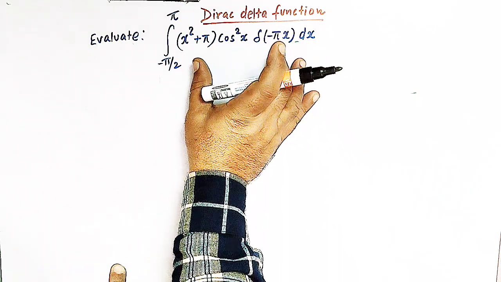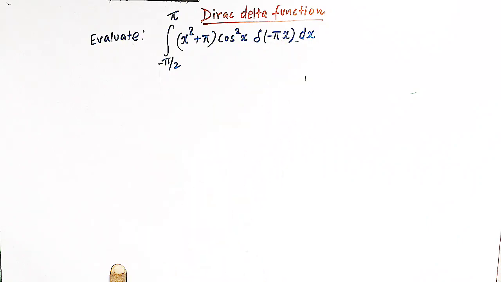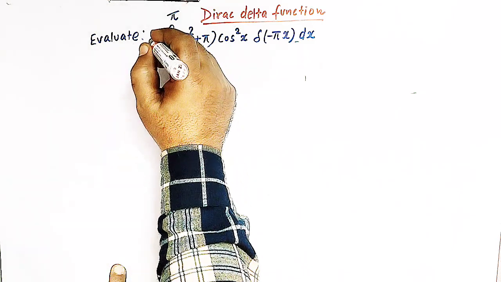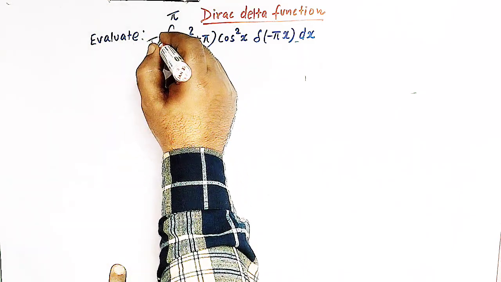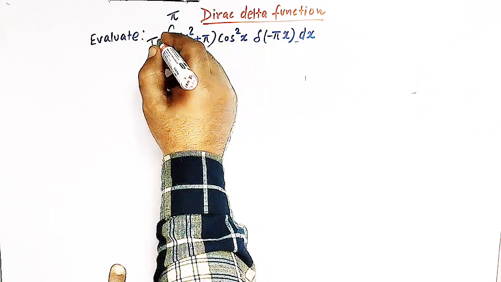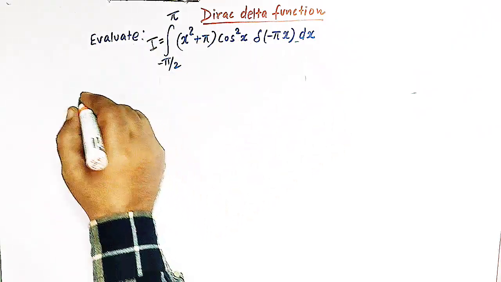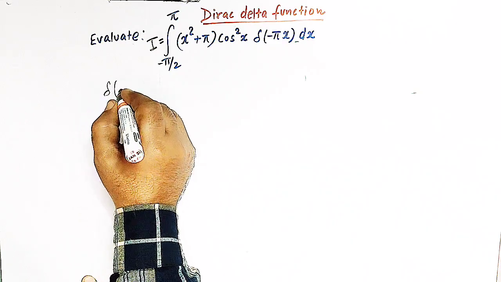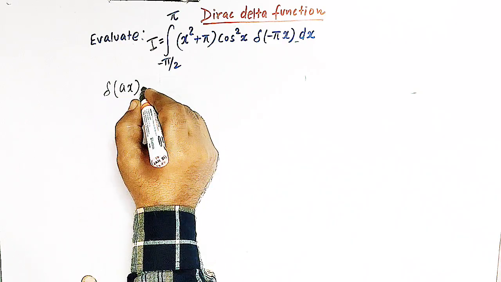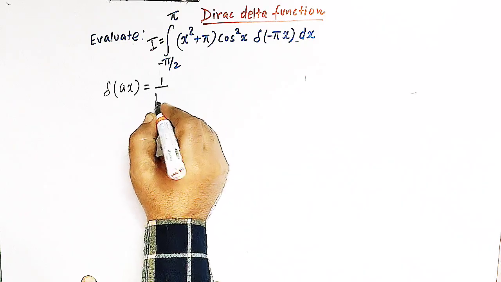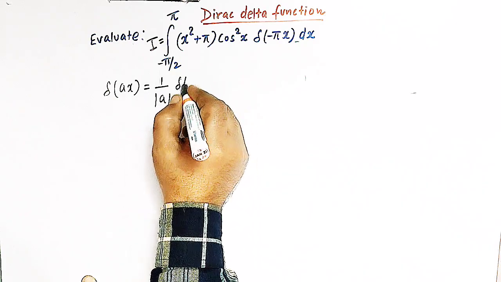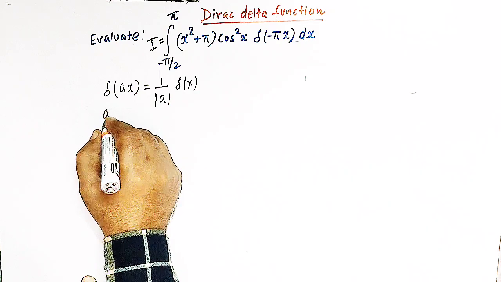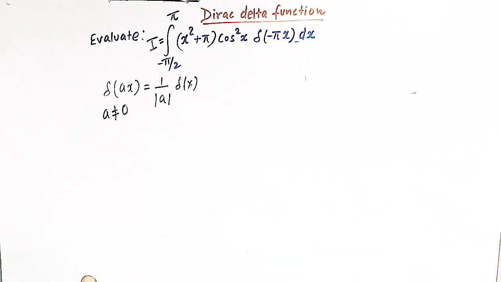So to evaluate this integral, we have to make use of one important property of Dirac delta function. Here let us call this integral as I, and we'll make use of this important property of delta function, which says that delta of ax is given by 1 over absolute value of a and delta of x, where a is not equal to 0.